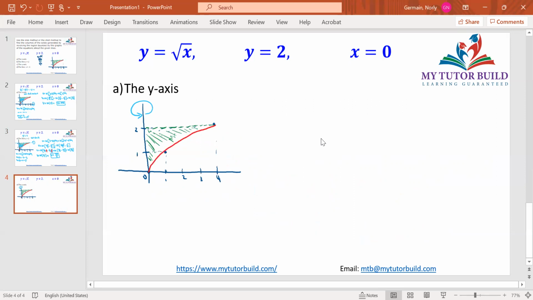Now, easy to see if we revolve around it, using the shell method won't work here. So we don't need to use the shell method in this case, because remember we're going from 0 to 2, and really using the disk method with a perpendicular rectangle, because now it's perpendicular, we're going to use the disk method.